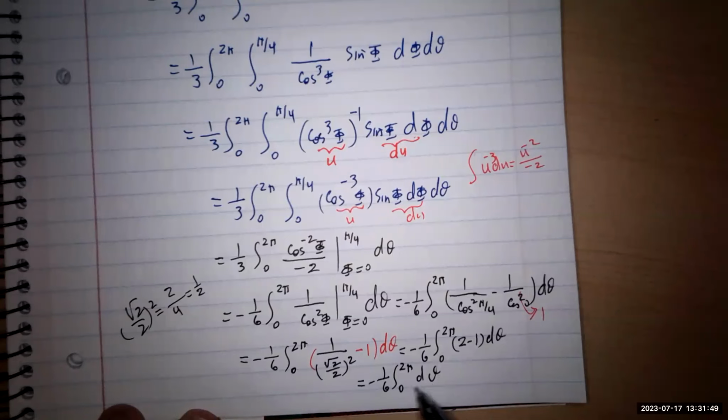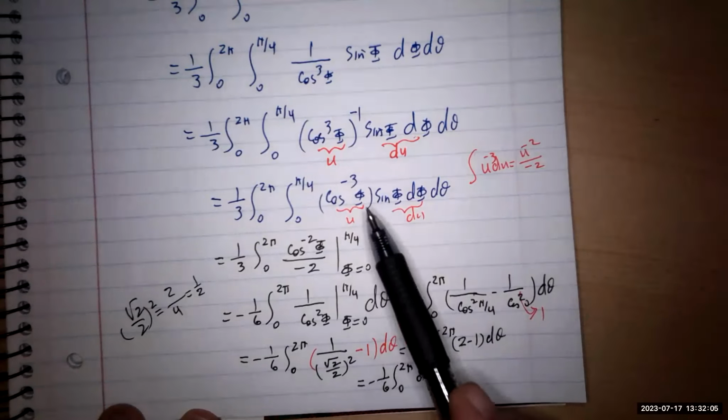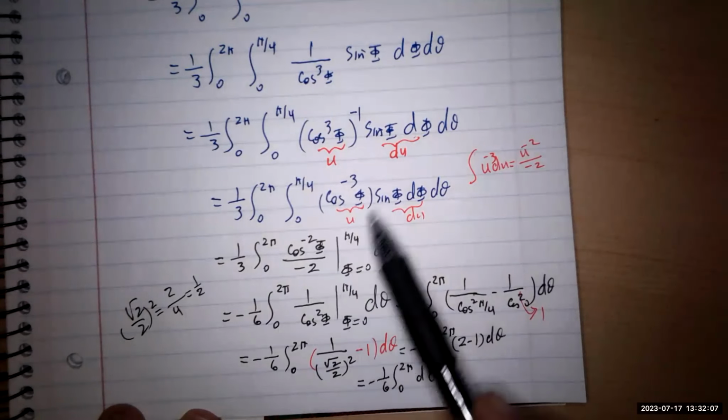This negative must disappear sometime, somewhere. I can double check the way I took it out. It's a -2.